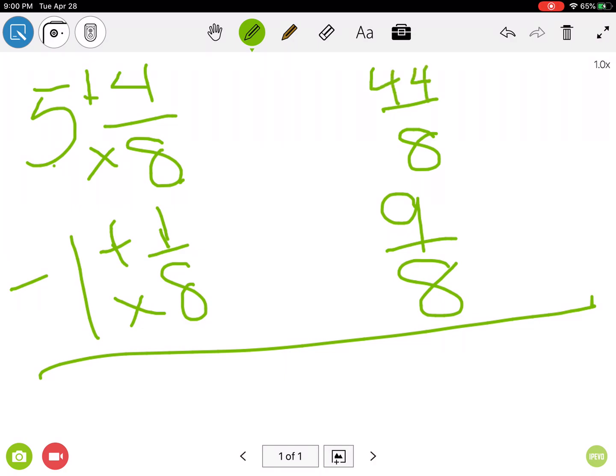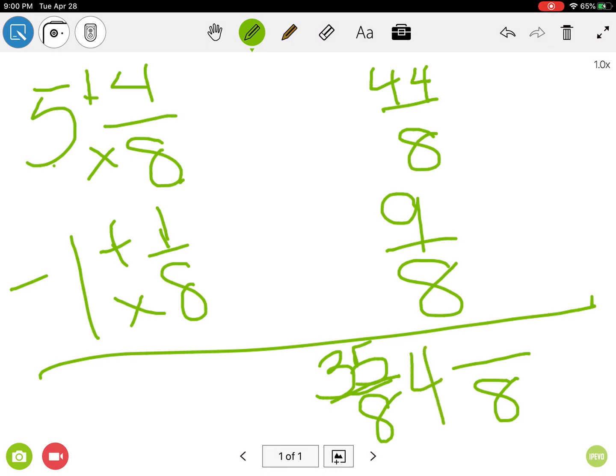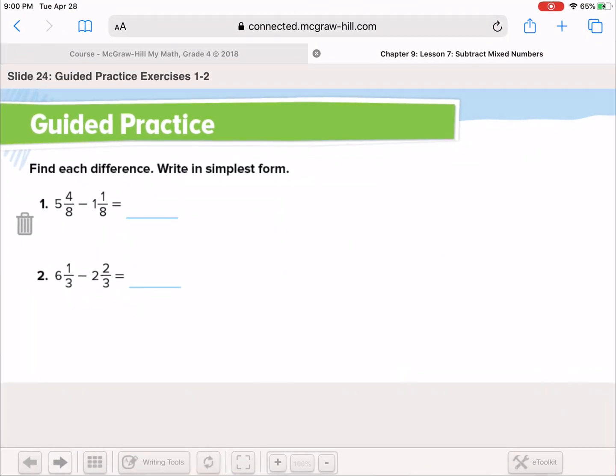Okay. Now, what doesn't change? The denominator. So what's 44 minus 9 is what? 35. And it goes 4 times, 4 3/8. Let's hope I'm right. Whew, I am.